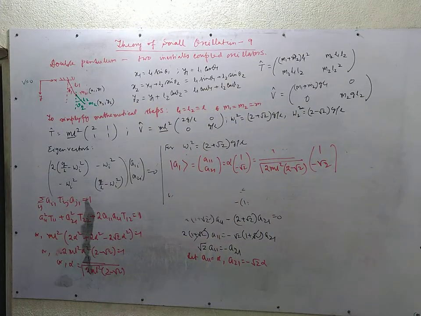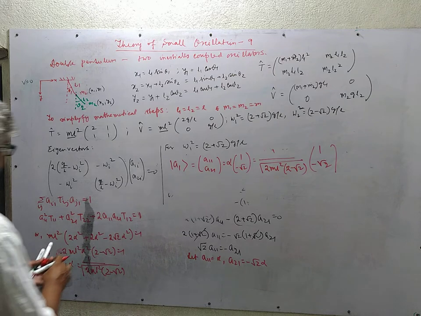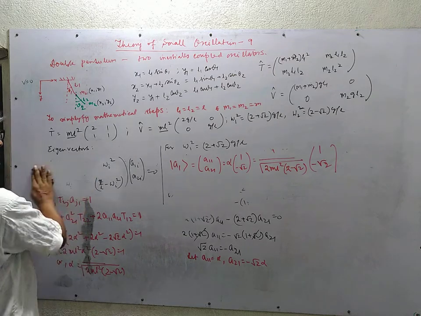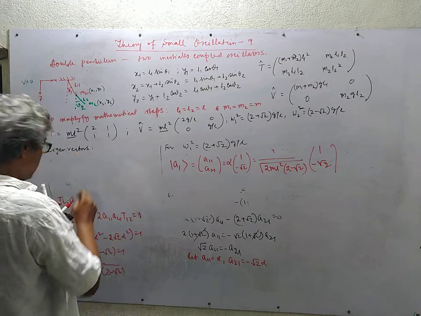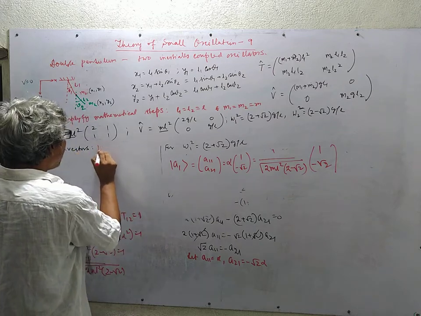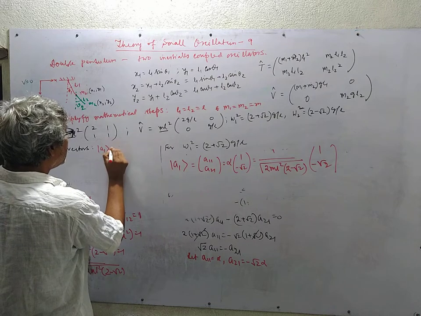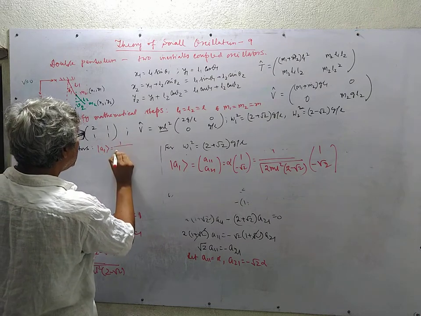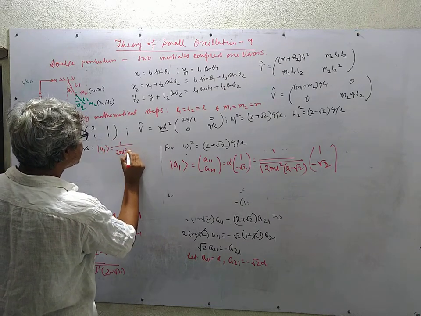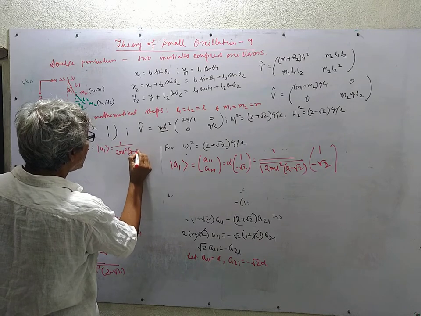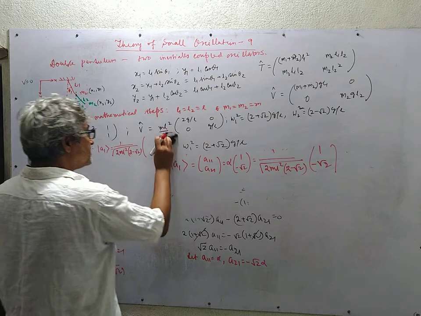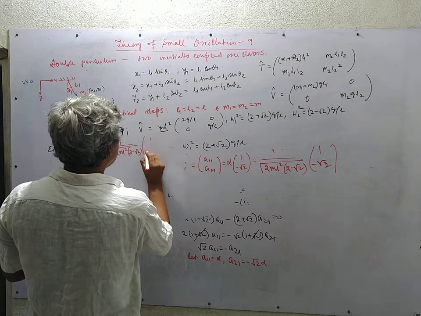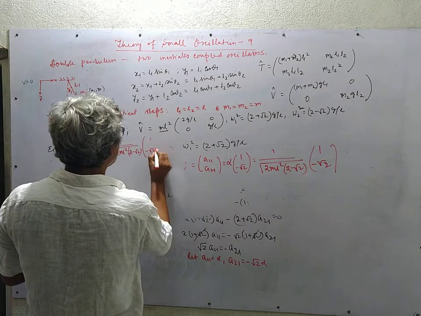This is the first eigenvector. So let me write the first eigenvector: A1 is alpha times (1, minus root 2).